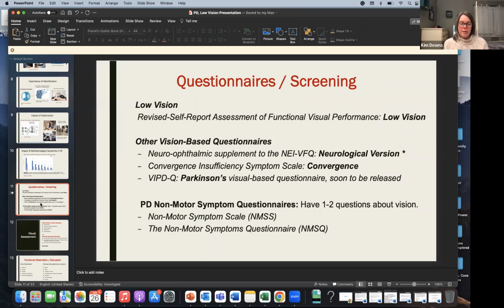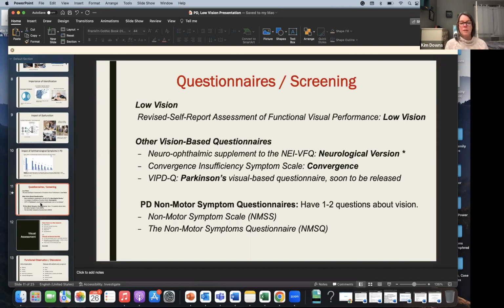So as a therapist, whether you are working in a low vision program or not, there are certain questionnaires that we can use to bring visual issues to the front of the conversation for people with Parkinson's disease. As low vision specialists, we're familiar with the revised self-report assessment of functional visual performance. Of course, that can be used.